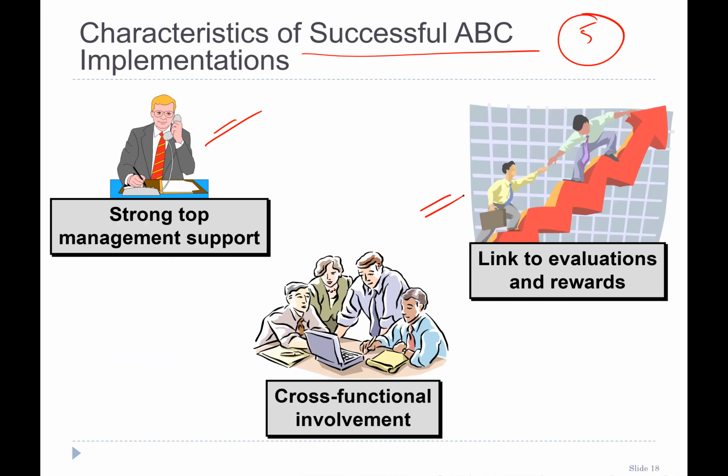So it should be linked to evaluations and rewards as well. Which department is having the lowest cost, you can find that out. Plus, it needs cross-functional involvement as well. You see that departmental level, organizational level.